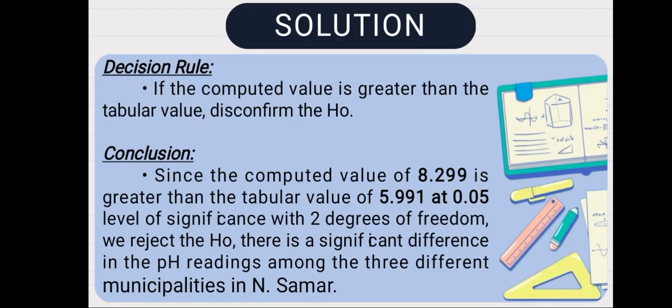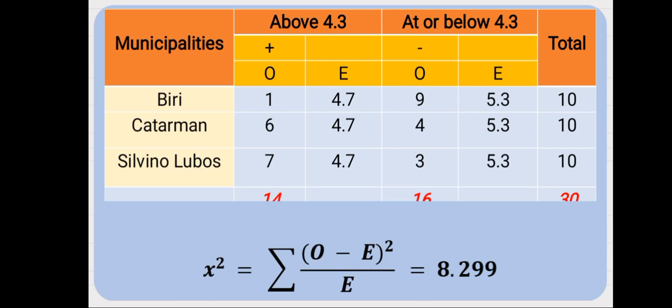Then sunod kay atong kwaon ang ilang chi-square. So ato rang i-substitute ang 1 minus 4.7 squared divided by 4.7.